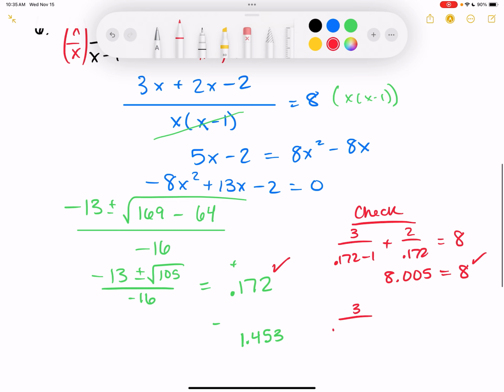Then the other one, 3 divided by 1.453 minus 1 plus 2 divided by 1.453 is equal to 8.